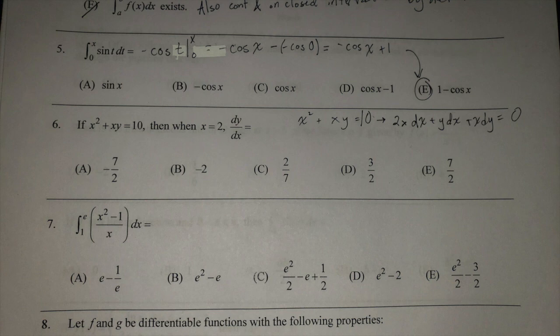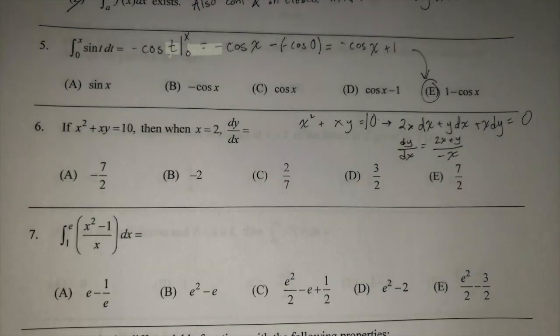We can rearrange algebraically to solve for dy dx, and we are left with the expression 2x plus y over negative x. Now, since we know what the value of x is, we still need the value of y to compute your derivative value at x equals 2.